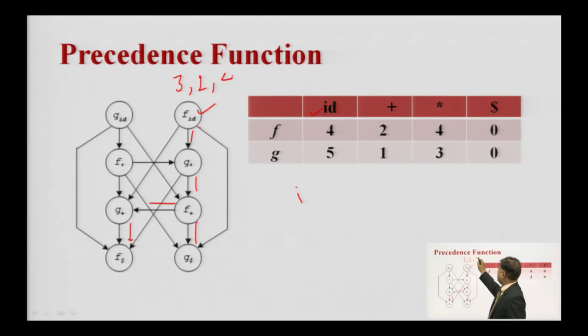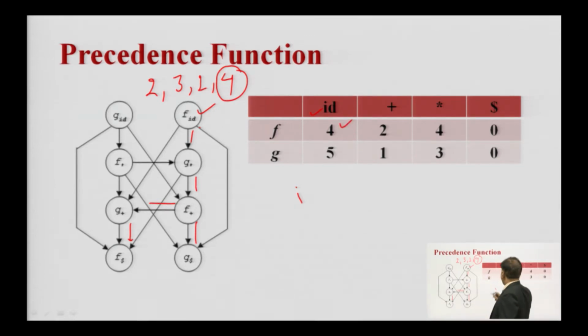So, the length of this path is 4. And another possible path, F id to G plus to F dollar, that length is 2. My aim is to find the length of the longest path. So, out of these numbers, 4 is the longest path. So, I can write F id is 4.